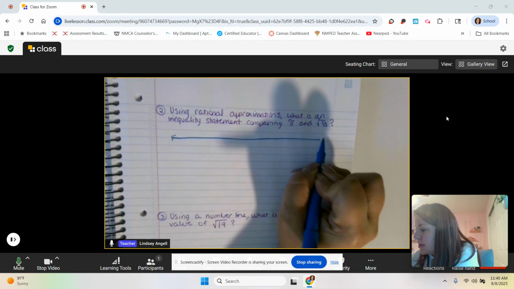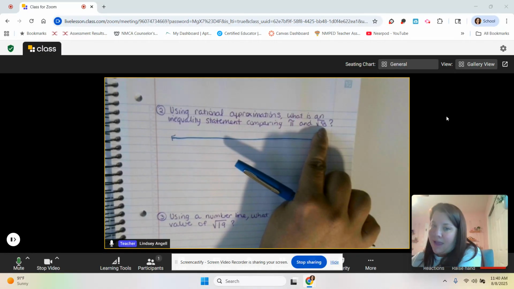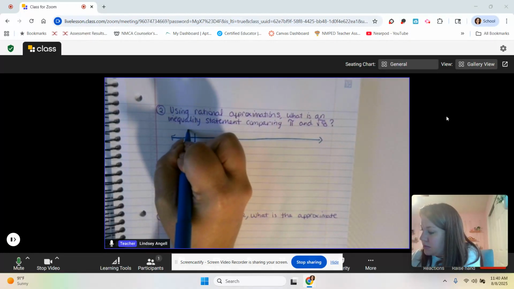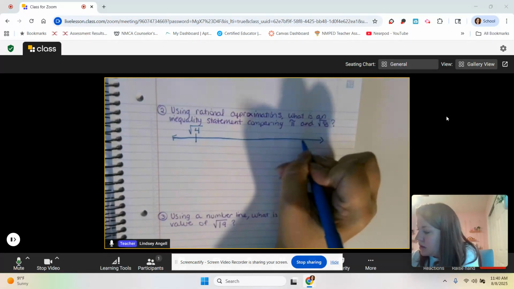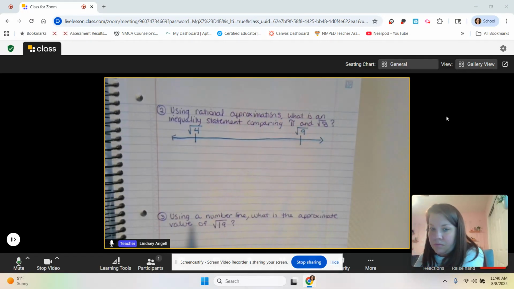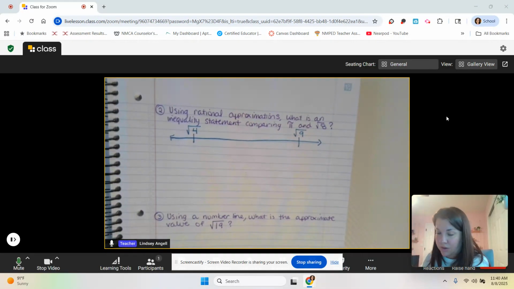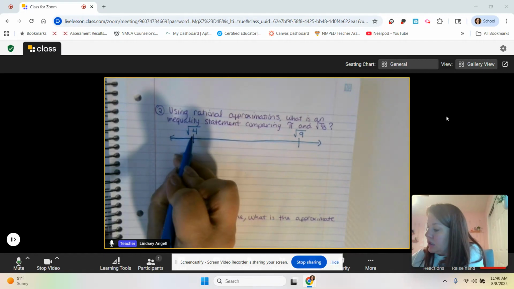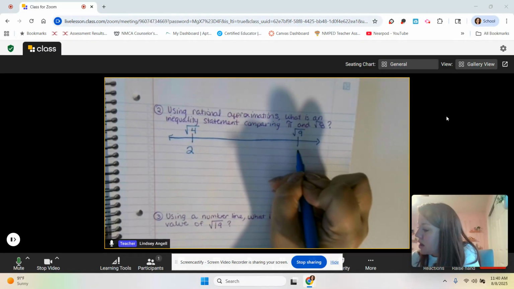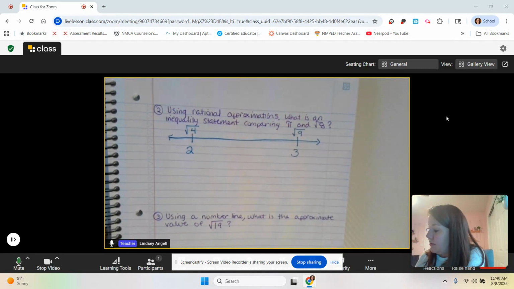For the square root of 8, the two perfect squares around it are the square root of 4 and the square root of 9. You can look at the number line I set up on the previous page, rewind the video, or hopefully you wrote it down. The square root of 4 we know is equal to 2. The square root of 9 we know is equal to 3.